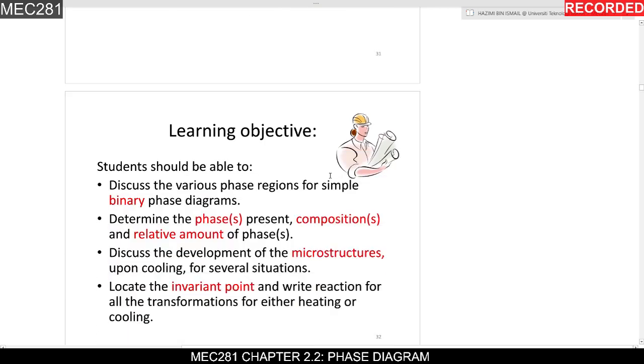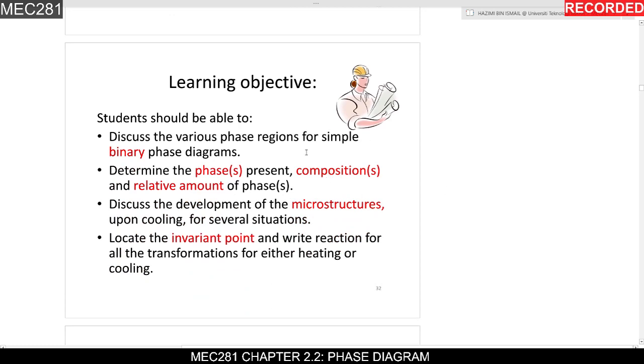Okay, so at the end of this subchapter, the objectives that you should obtain are to discuss the various phase regions for simple binary phase diagram, to determine the phases present, composition, and relative amount of phases.